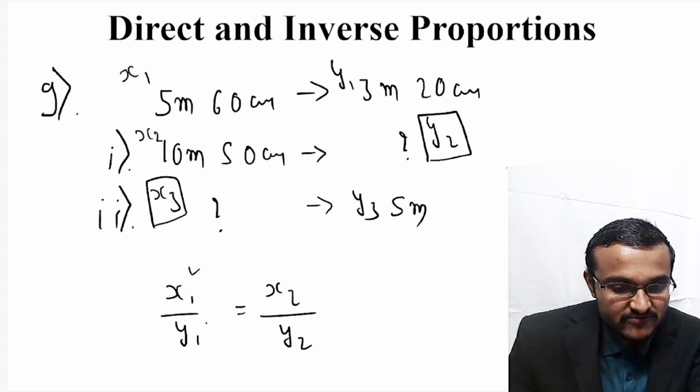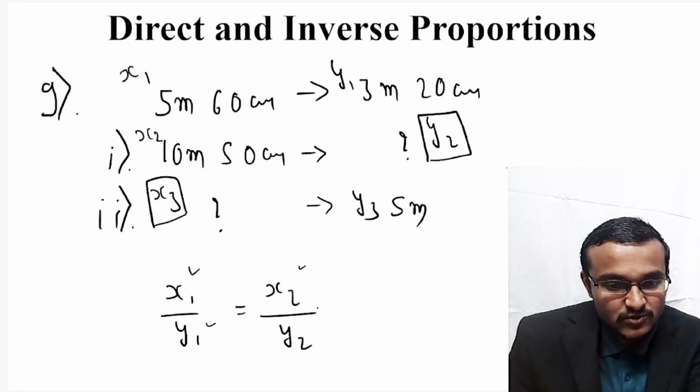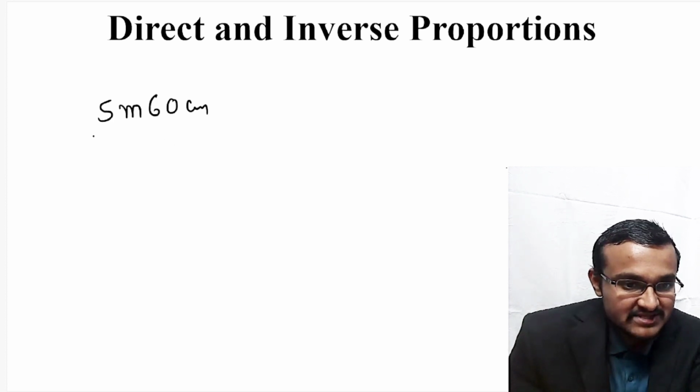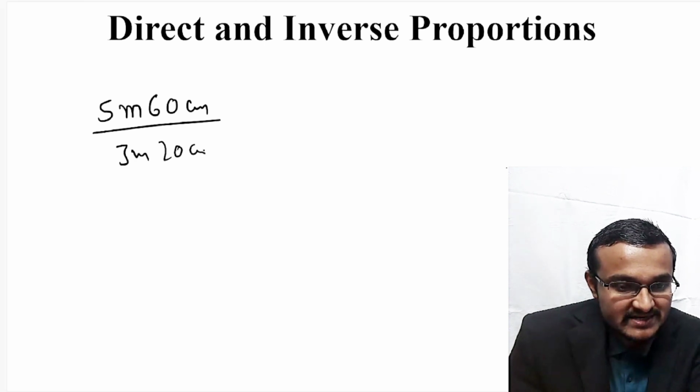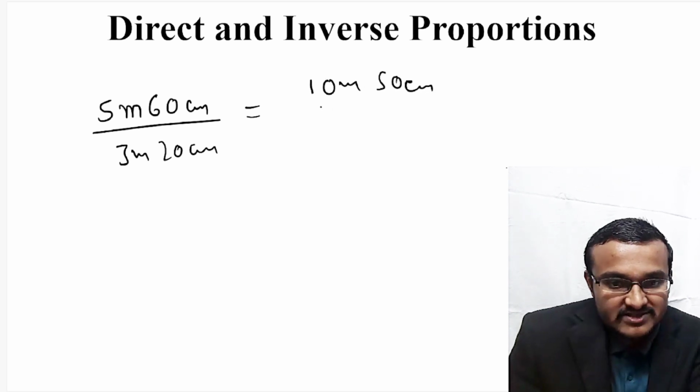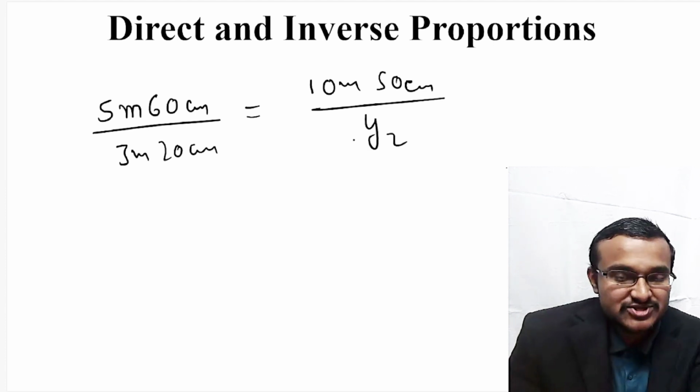So we'll substitute in the place of x1 by y1 is equal to x2 by y2. So when you substitute, you will get 5 meter 60 centimeter as your x1 value. y1 is 3 meter 20 centimeter is equal to x2 value, 10 meter 50 centimeter, divided by y2, which we should calculate.